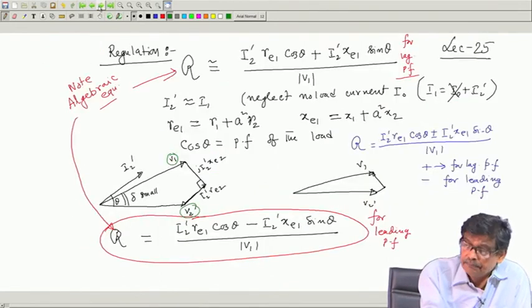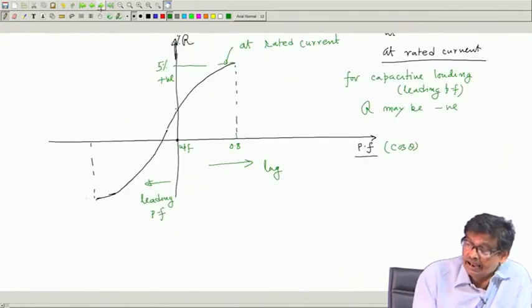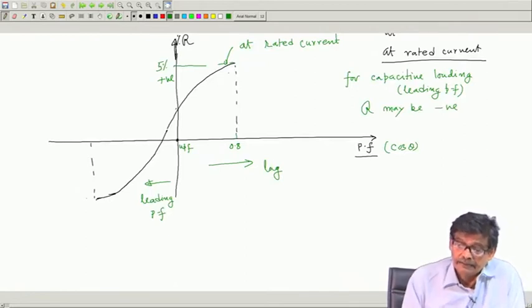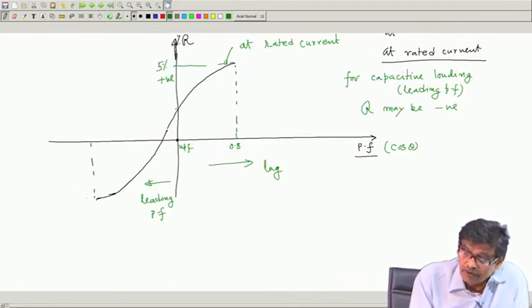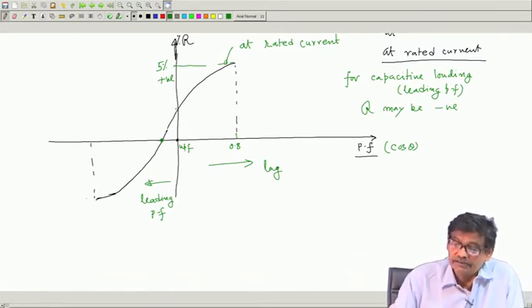And if you see this expression and this curve, there may be some power factor you will be able to predict if the transformer is.